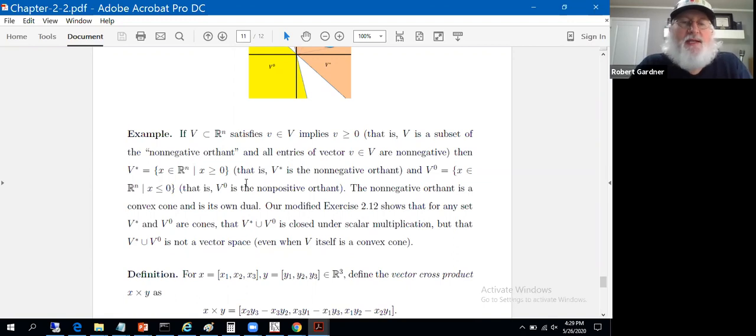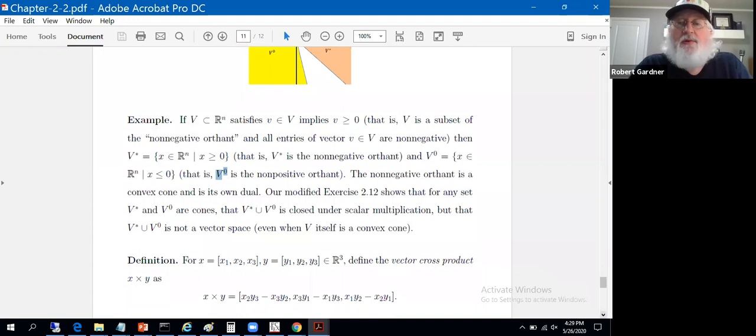If we looked at the polar cone associated with that set, we just get where everything was negative, the non-positive orthant. That argument we made above about negatives applied whether we were in 2 dimensions or however many dimensions. So there's some examples of cones and polar cones.